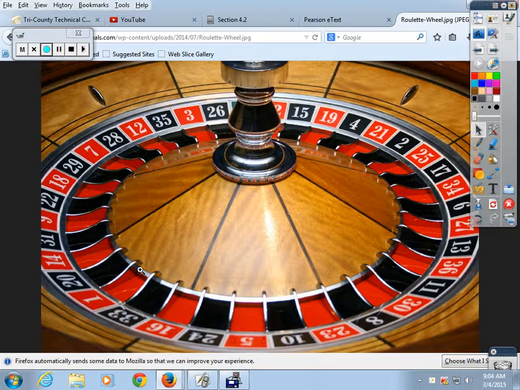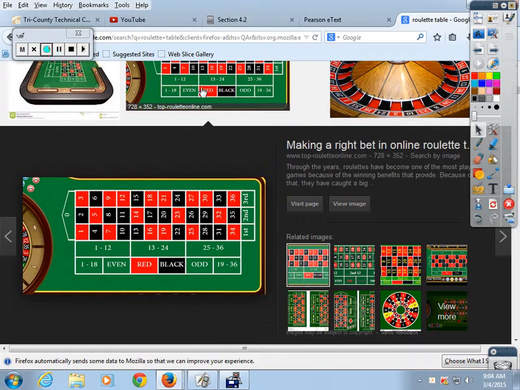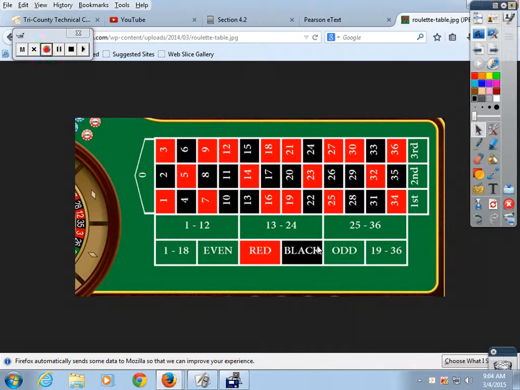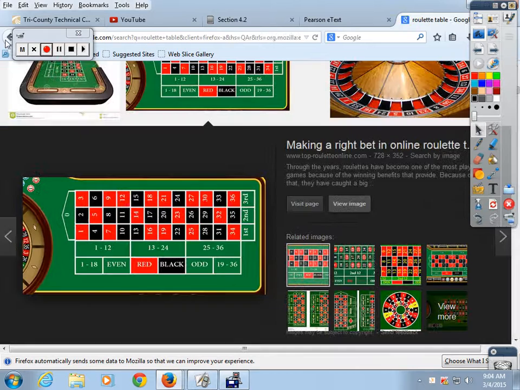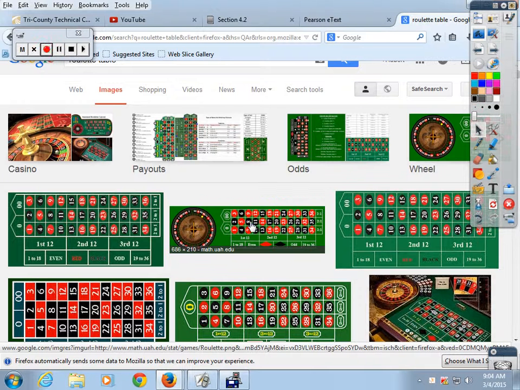And this one doesn't have a 0 and a 00 that I can see, but on the table, that one's got 0. There was one a while ago that had 00. I was going to find the one that had the whole thing.